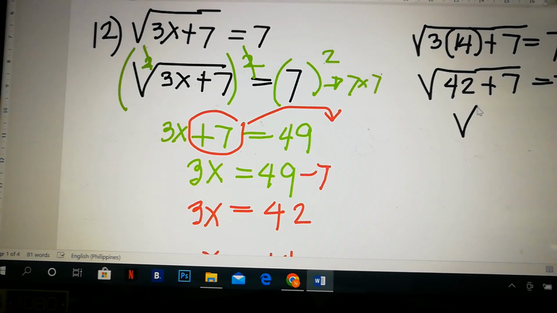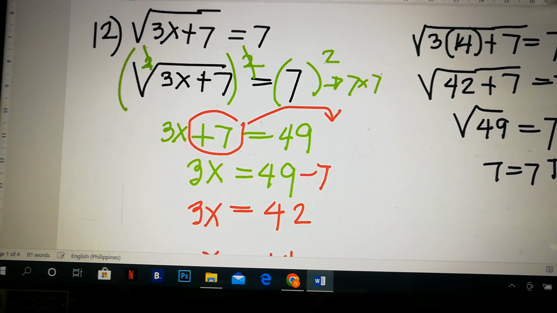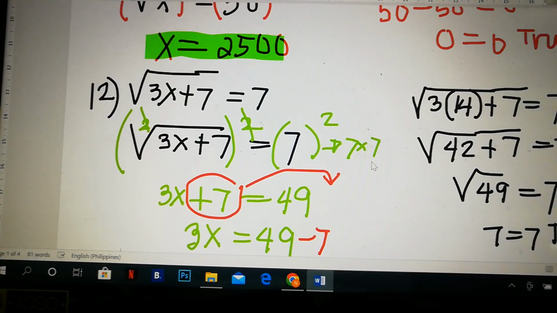So square root of 49 is equal to 7. So 7 is equal to 7 is a true statement. Since this is true, we can conclude that x is equal to 14.